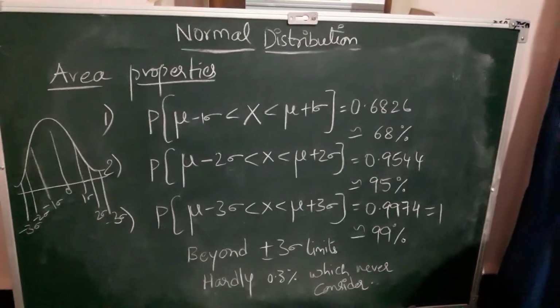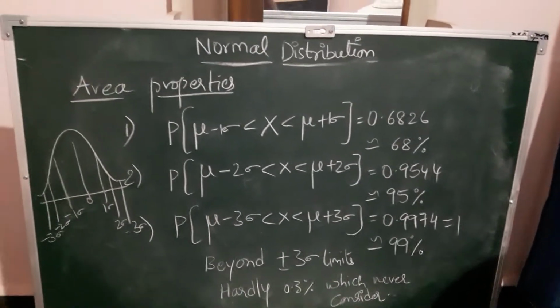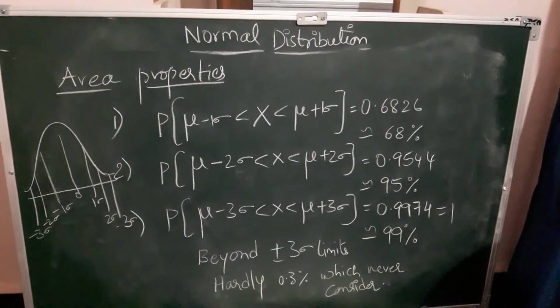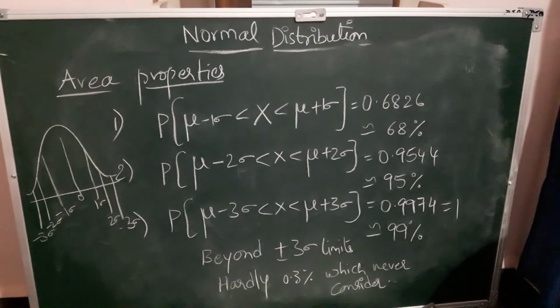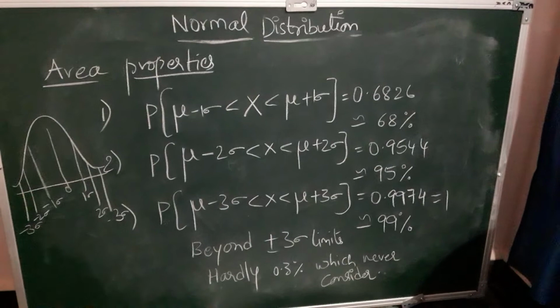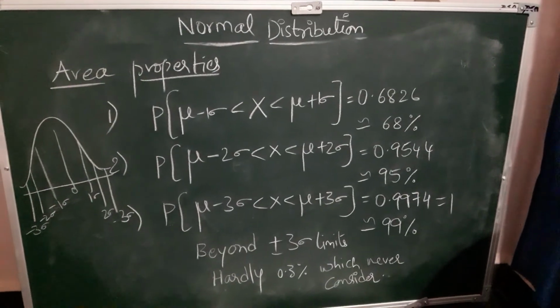Do you guys remember the PDF? f of x equals 1 by sigma root 2 pi into exponential e to the power of minus 1 by 2 bracket x minus mu by sigma whole square. Do you remember that PDF?